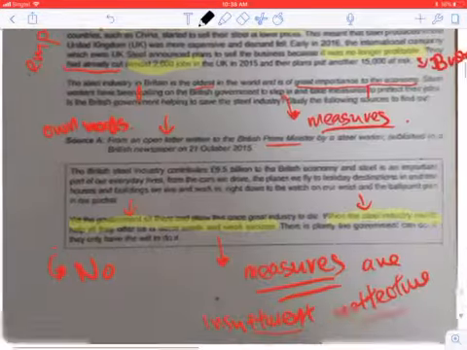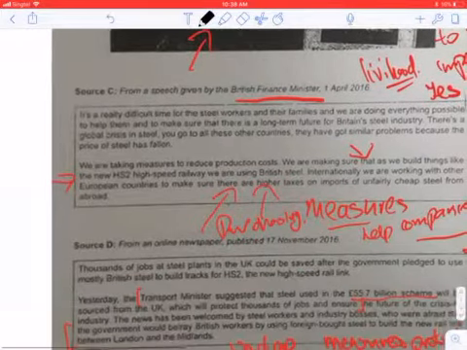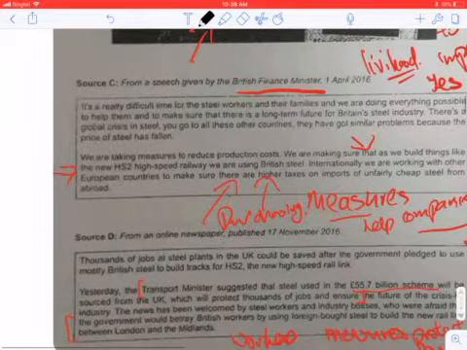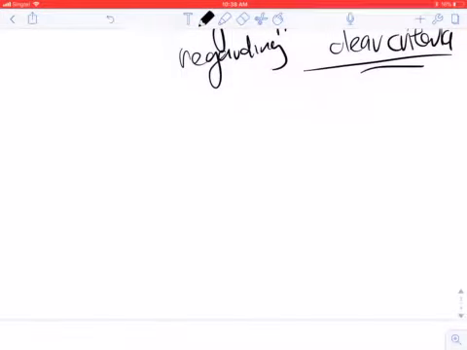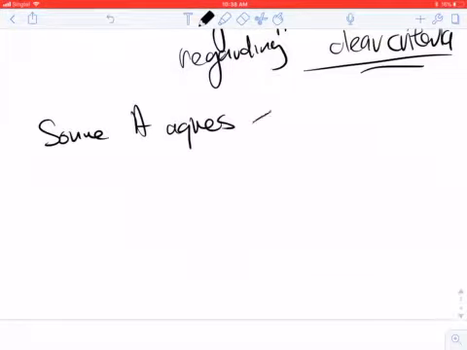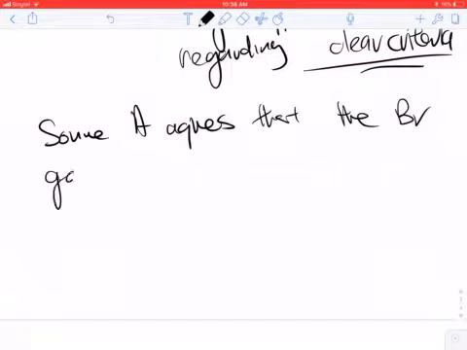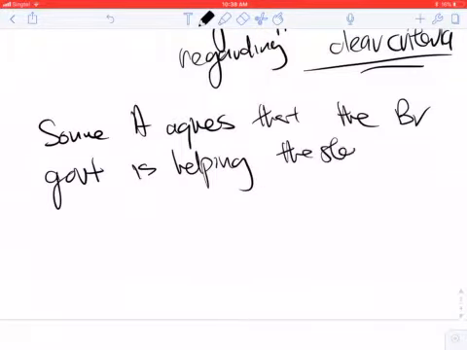Part E. How far do you agree that the British government is helping to save the steel industry? Now, this one, I want you to write the full thing for every single paragraph. So source A agrees that the British government is helping the steel industries.